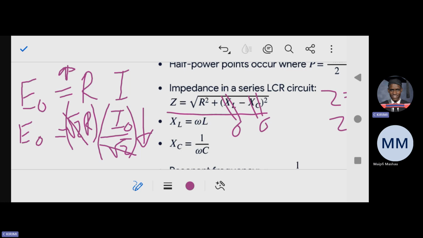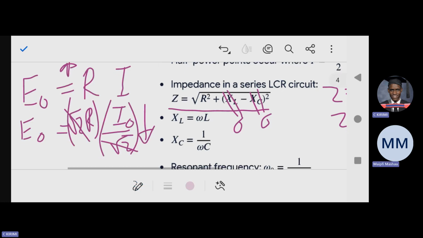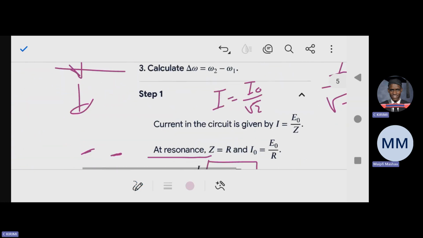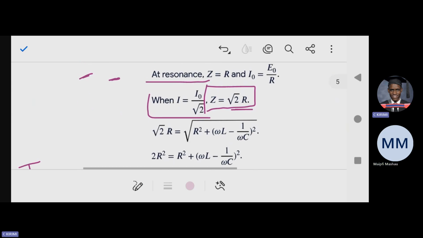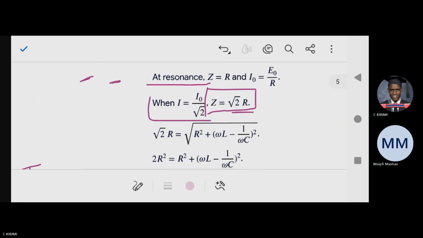That's why the Z, which we are going to use here, is now root of 2R, which means our R is increased since we are now using I naught over root of 2. So when we are using from the question, I is equal to I naught over root of 2, that is what we're told to use in our question.